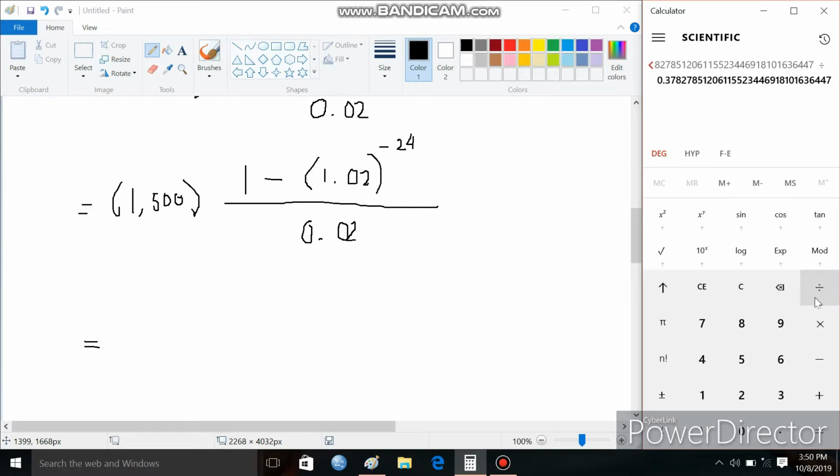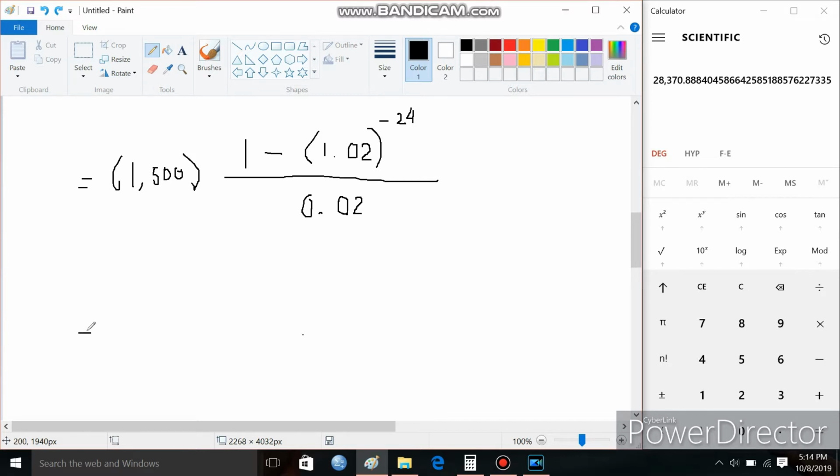Divided by 0.02, then press equals. Then finally multiply by 1500 and press equals.